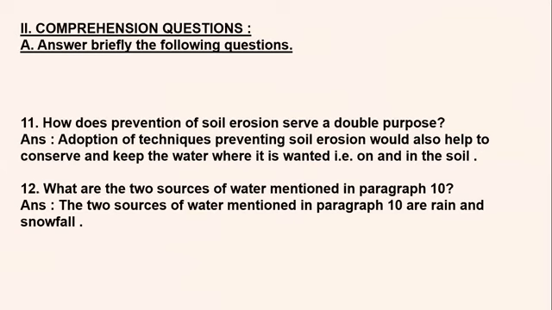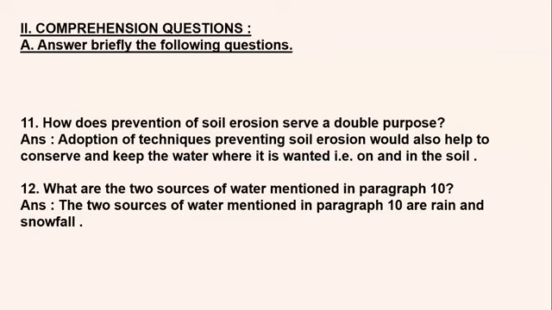That is, what are the two sources of water mentioned in paragraph 10? When you read the lesson, in paragraph 10 there are two sources mentioned, two things from where you get the water. So as per your chapter, the answer is, the two sources of water mentioned in paragraph 10 are rain and snowfall.